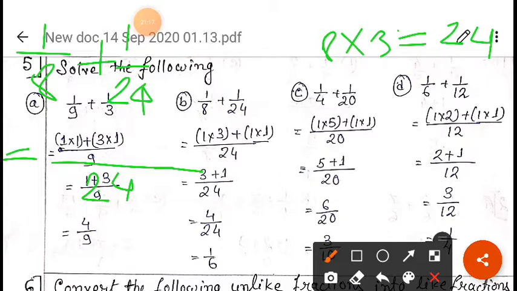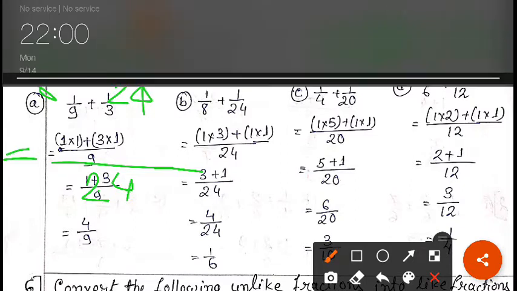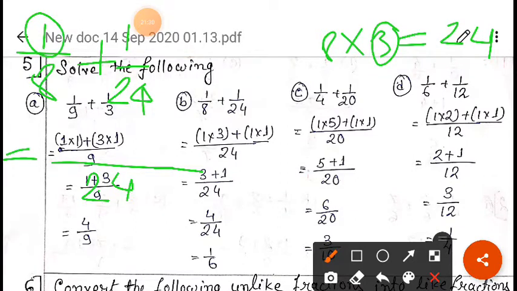So this 3 will be multiplied with this 1. So we write 1 into 3, or 3 into 1, both are the same. Plus, in the multiples of 24, 24 into 1 is 24.